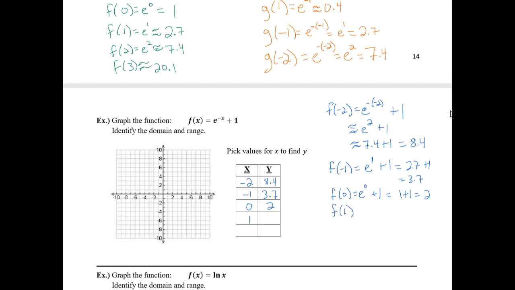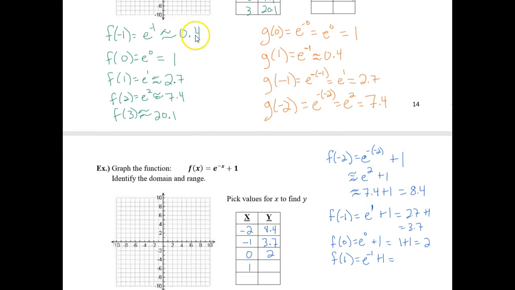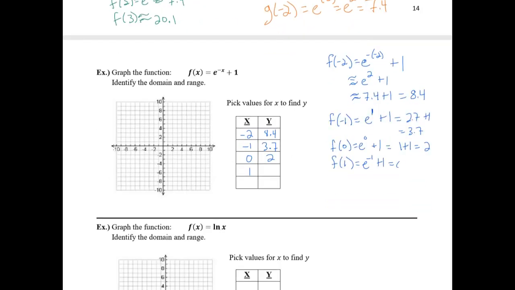F of 1 is e to the -1 plus 1, and e to the -1, we did that also before, and we got 0.4 or 4/10 approximately, plus 1 would make it 1.4. And because that's not too small, I'm going to go ahead and do another one. So e to the -2 power plus 1. Let's go ahead and plug that in.